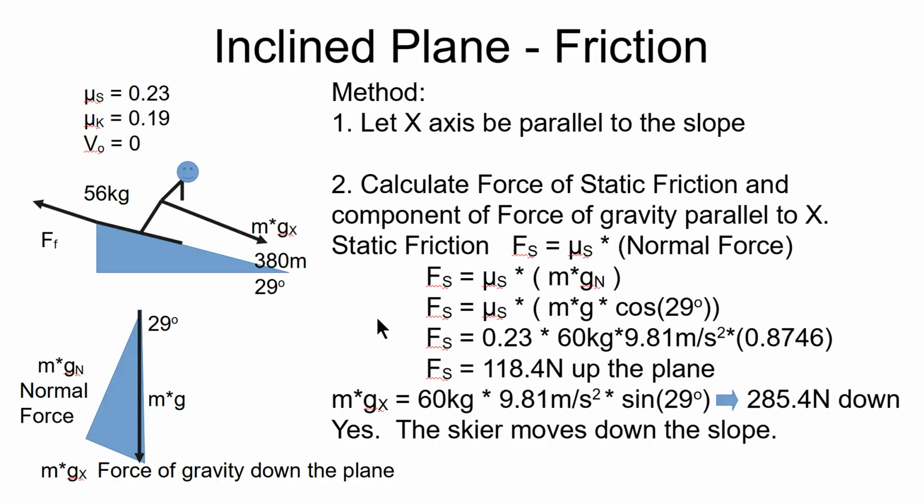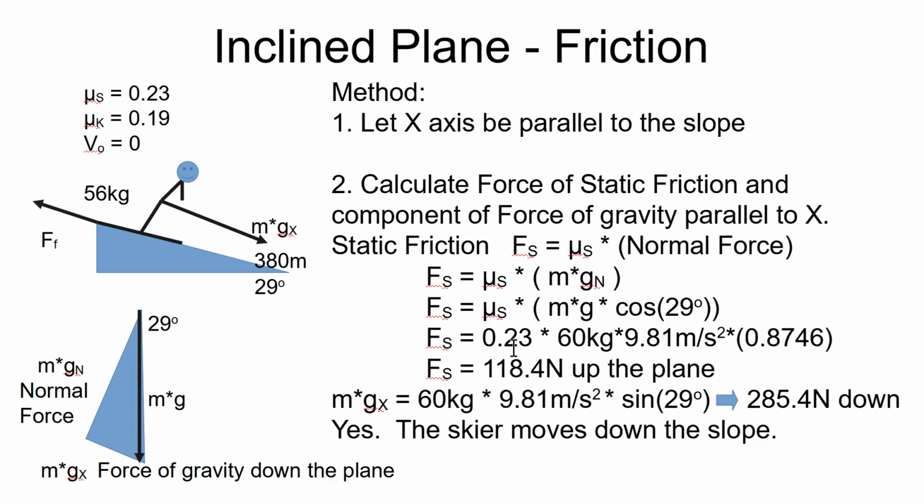So let's go over to our equations. The static friction is the coefficient of friction times its normal force. We're going to get the normal force by taking the component of the weight, component of mg, that's found by using cosine of 29 degrees. Cosine gives us the adjacent side to the angle.